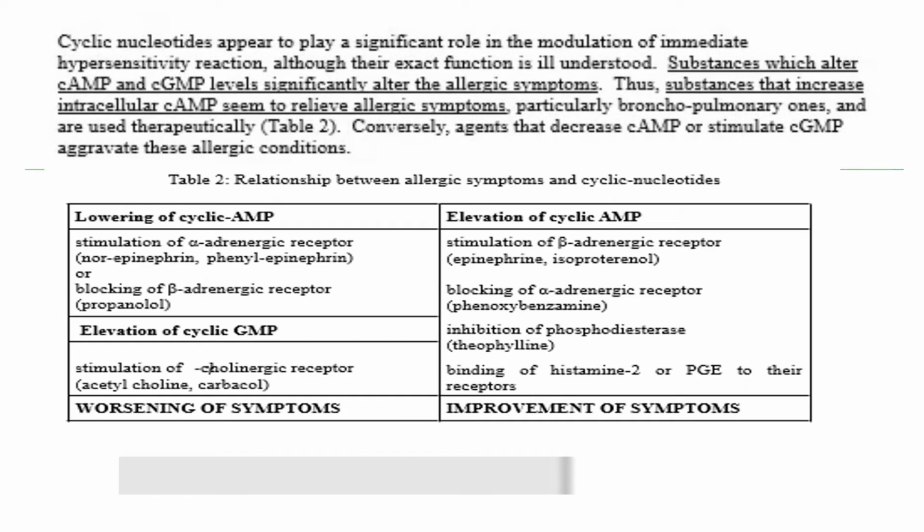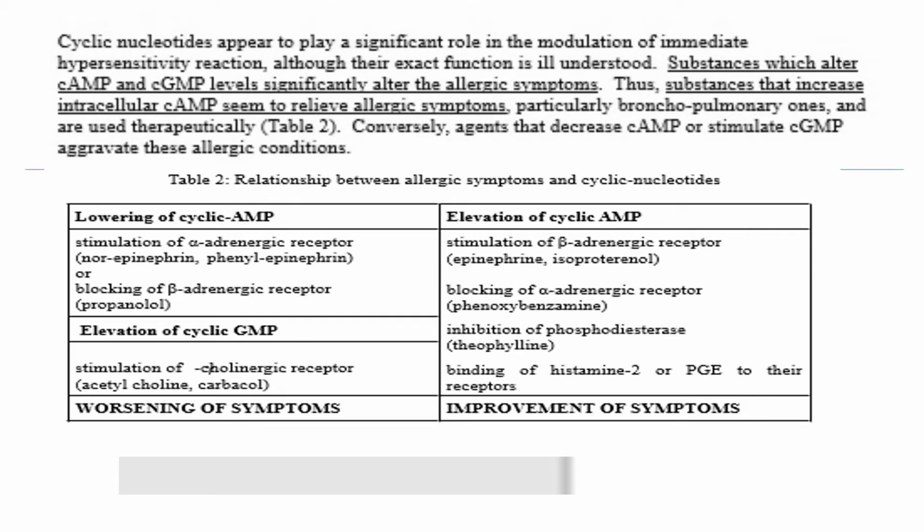Now, what is the role of cyclic AMP and cyclic GMP in regulation of the allergic reaction? Cyclic nucleotides appear to play a significant role in the modulation of immediate hypersensitivity reaction. Although their exact function is still not understood, substances which alter cyclic AMP and cyclic GMP levels significantly alter the allergic reaction.